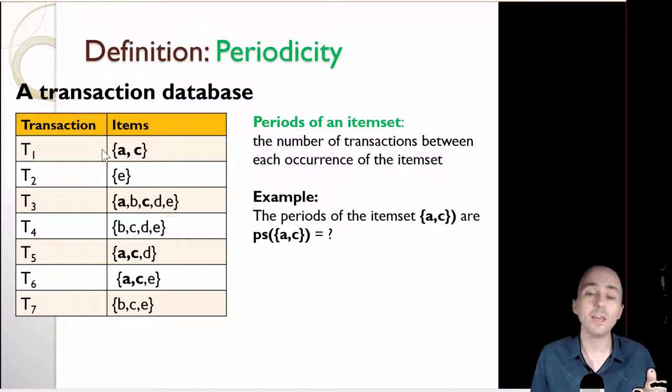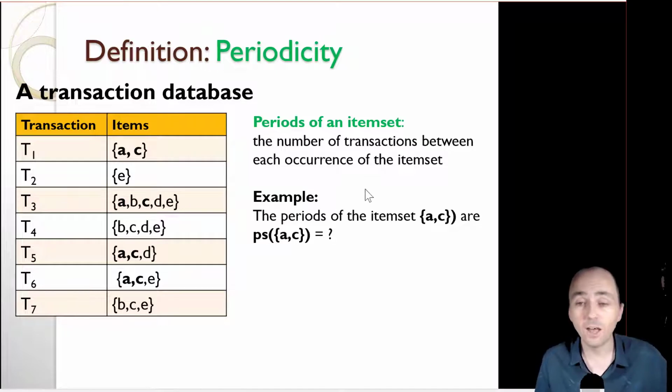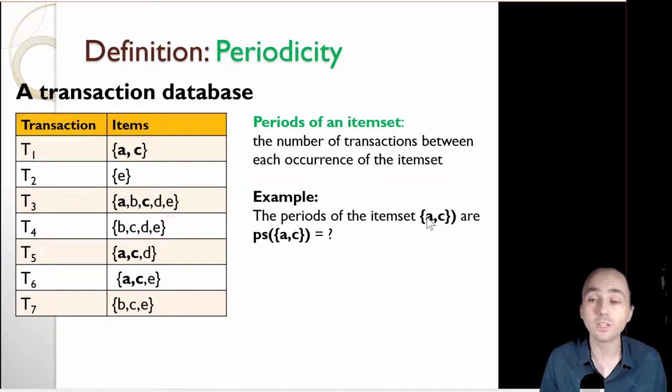Okay. Here we have a database. We have 7 transactions. We suppose that T1 is the first transaction, then there was T2, then T3, T4, T5, T6, T7. So there is some order of the time in this database. Now let's look at the item set AC.